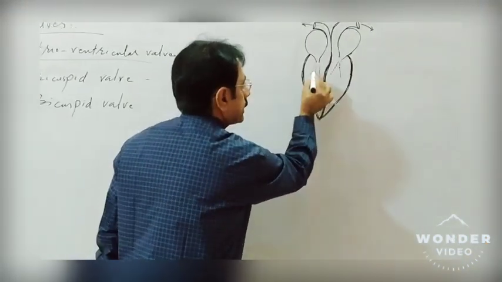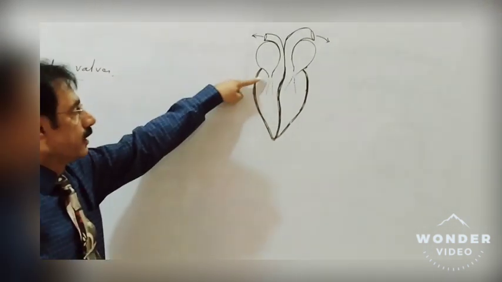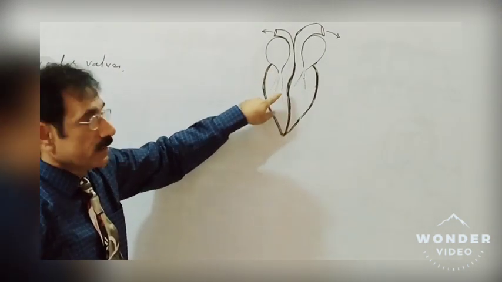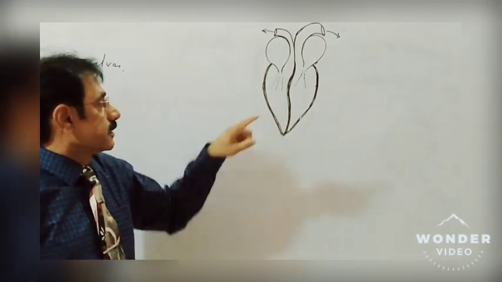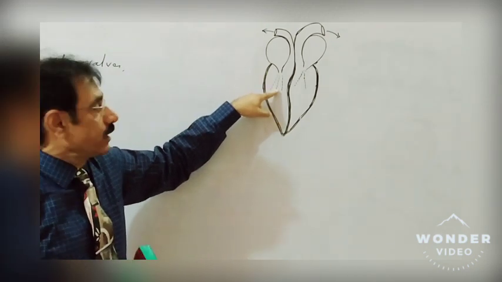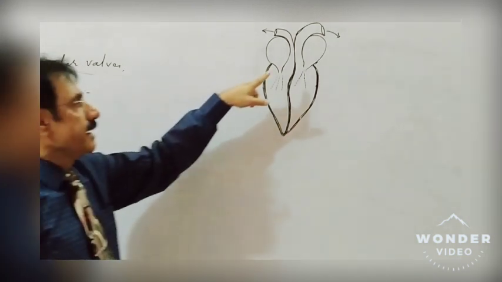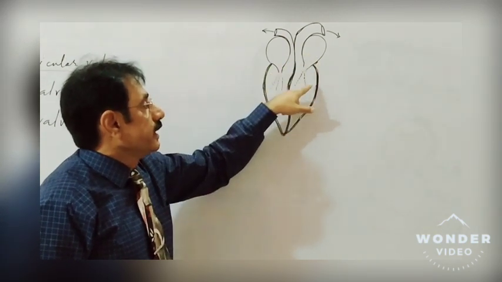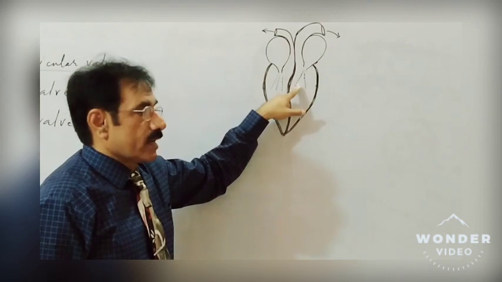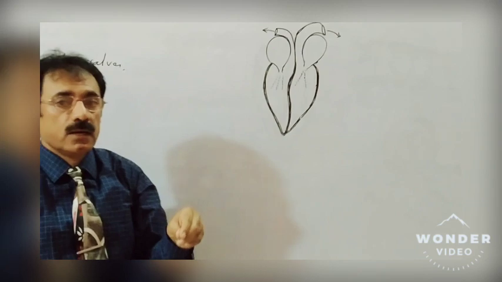This is the tricuspid valve because of the structure and shape of this valve: blood flows through this valve in three cusps, and tri means three. The bicuspid valve lies in between the left atrium and the left ventricle, and it is called bicuspid because the blood flows through this valve by two cusps.